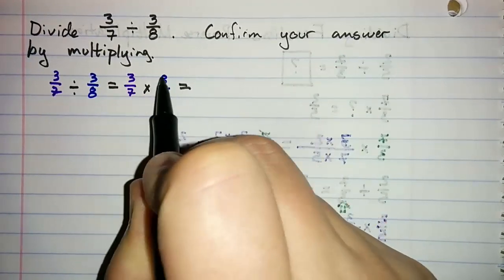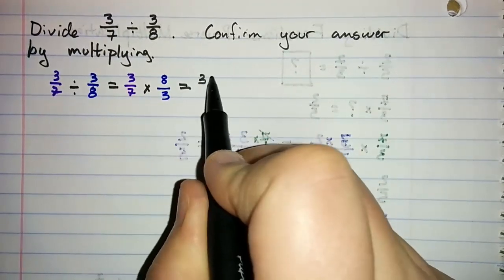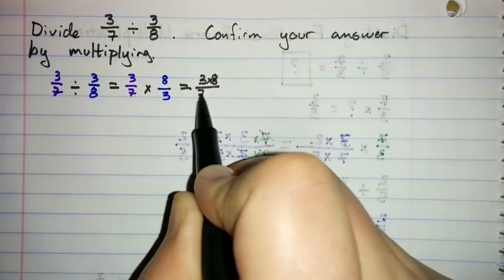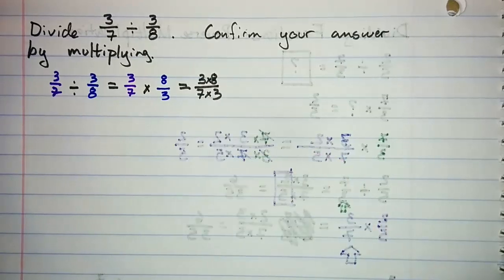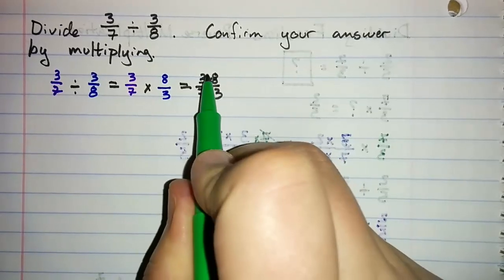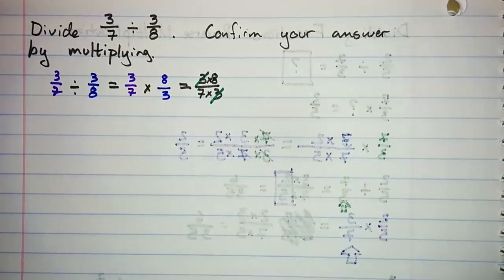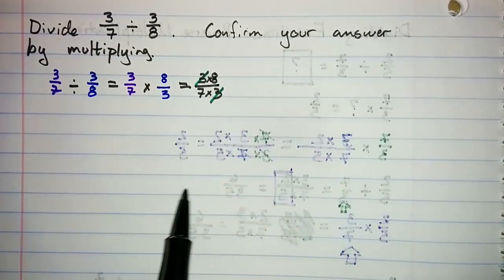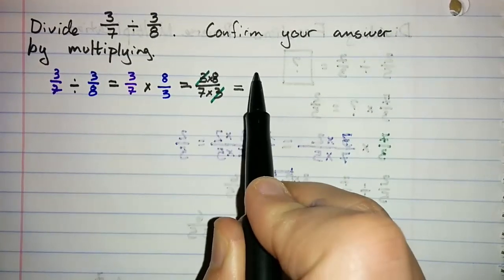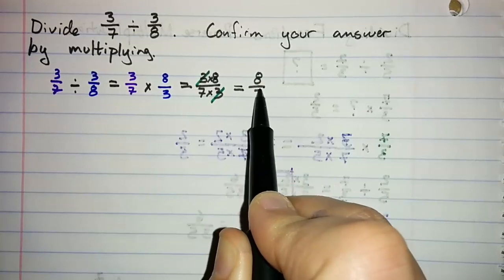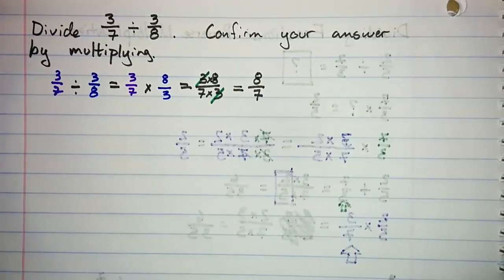So let's see. We'll have 3 times 8 over 7 times 3. We immediately see a common factor of 3 to cancel, and then 8 and 7 have no factors in common. So we get 8/7.